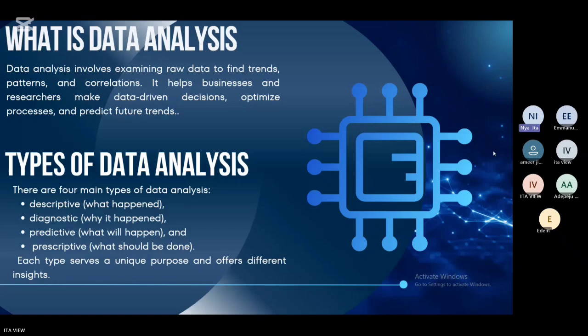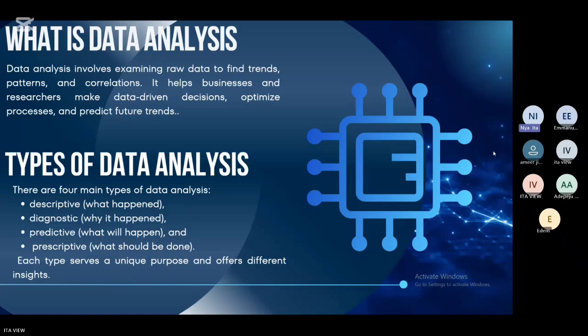So let's go down into the types of data analysis. There are 4 major types of data analysis: descriptive, diagnostic, predictive, and prescriptive. So you see, that's what I was talking about here. Now it questions further, why are these things happening?